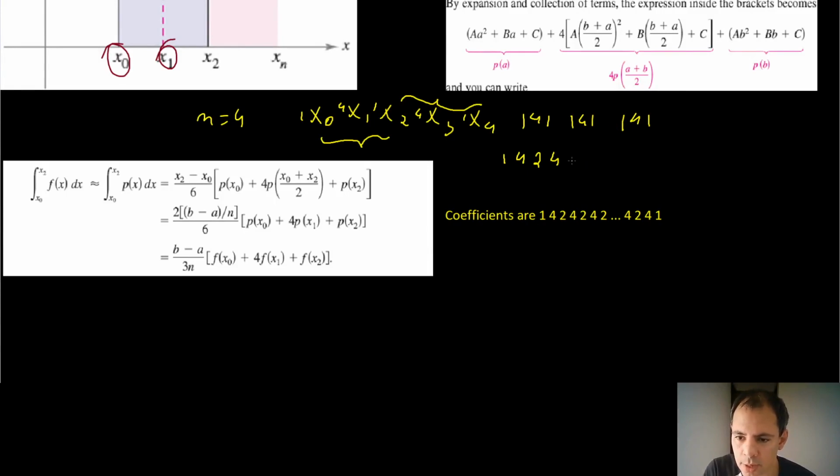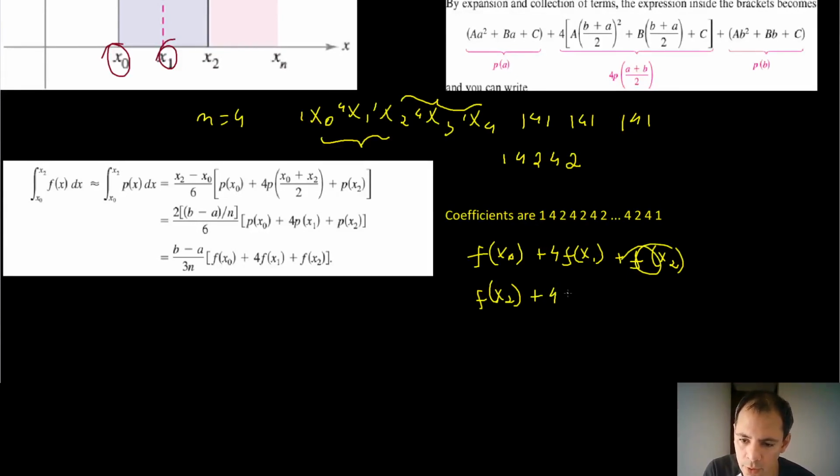So 1 plus 1 actually becomes a 2. Okay, it's like this, guys. f of x0 plus 4 f of x1 plus f of x2. That's in the first two interval set. But in the second two interval set, you have f of x2. So you can see it's used in here once and it's used twice, plus 4 f of x3 plus f of x4. So the very last one is going to have a coefficient of 1.